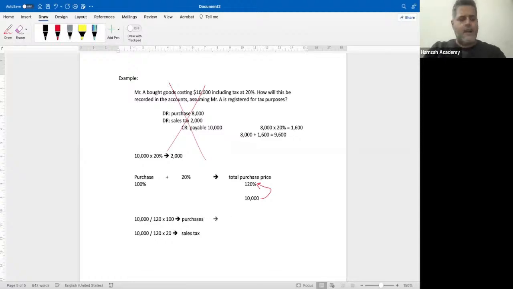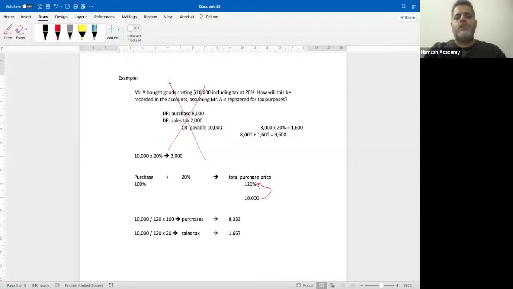So the purchases are 10,000 by 120 into 100. That's going to be 8,333, right? And the sales tax is going to be the difference over here, and that's going to be 1,667 over here, right?